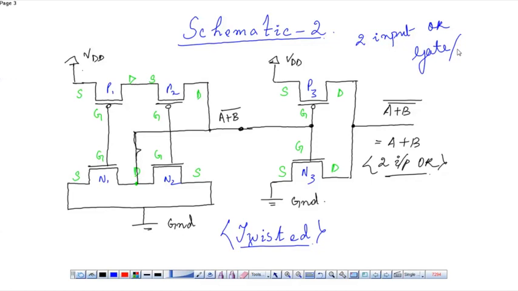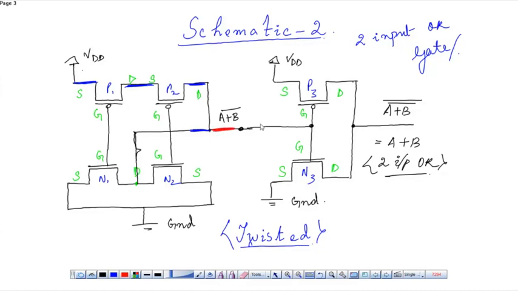Now let's see how to draw the layout from the 2-input OR gate. We know these all will be connected by metals, and these will be connected by poly, and here there will be a connection between metal and poly.